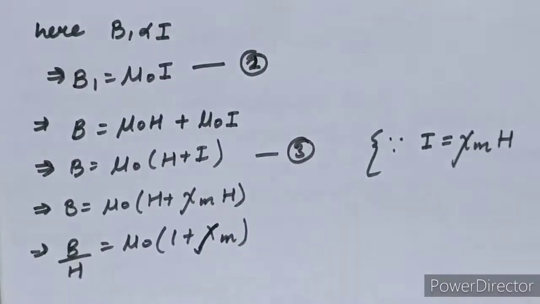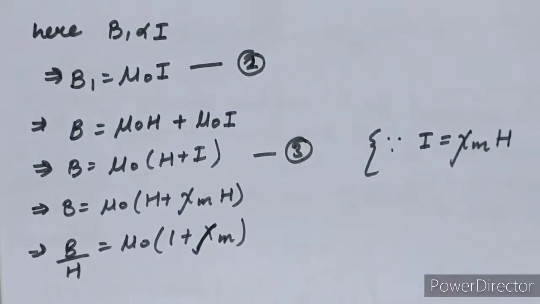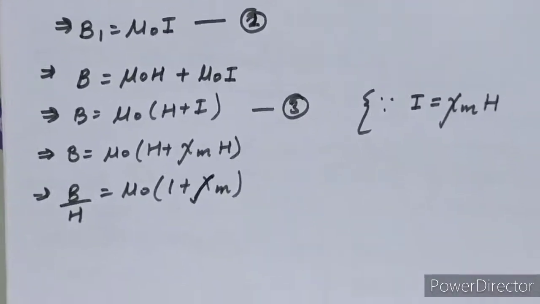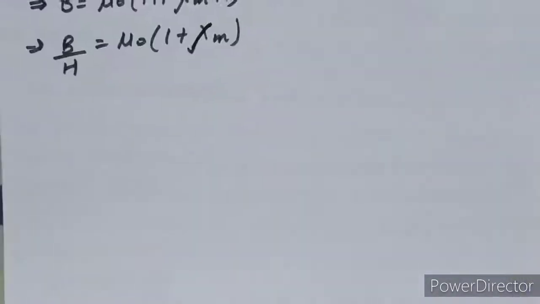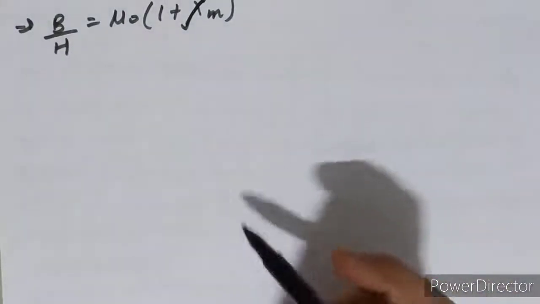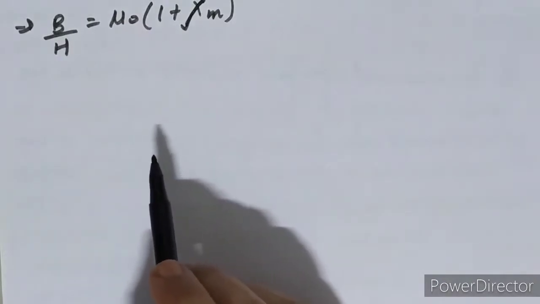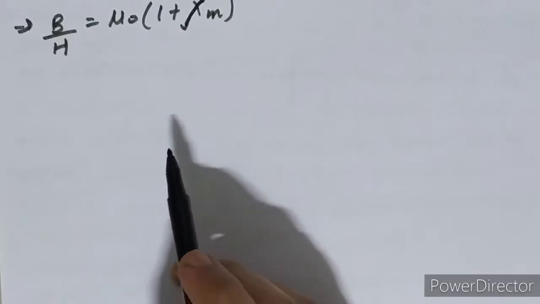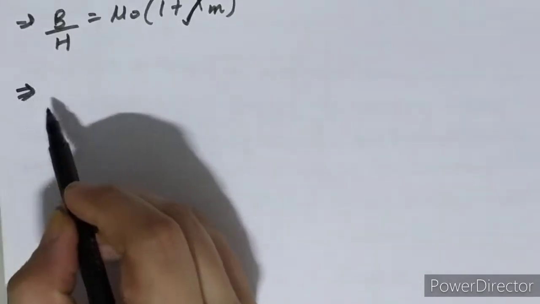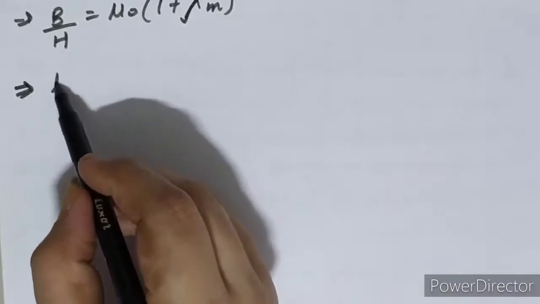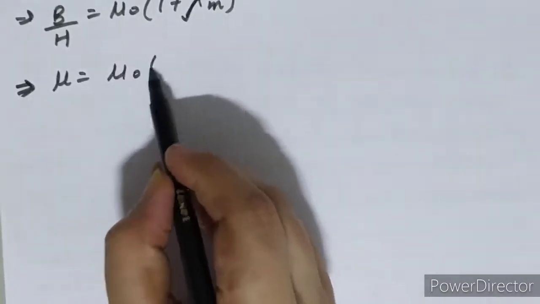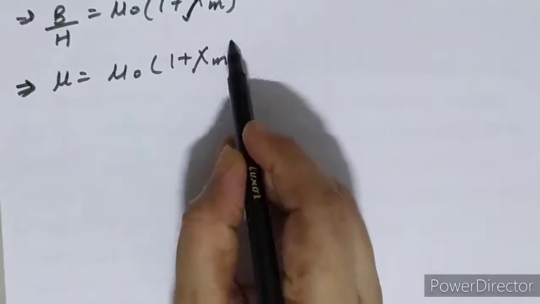For B upon H, remember B equals mu naught into H, so mu naught equals B upon H. For a medium, mu equals mu naught into 1 plus chi m.